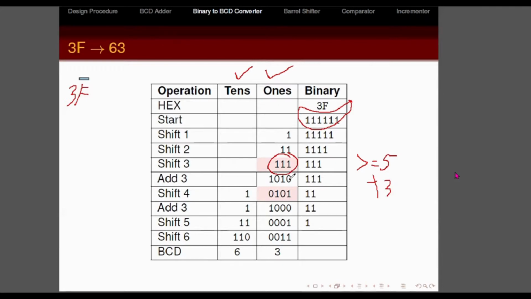So 7 plus 3 becomes 1010. And then from that 1010, you shift. When you shift, this one becomes 2, so the 1 here comes in. So that becomes 1. This is 1, the new one. The 0, the 1, the 0, and this one right here.